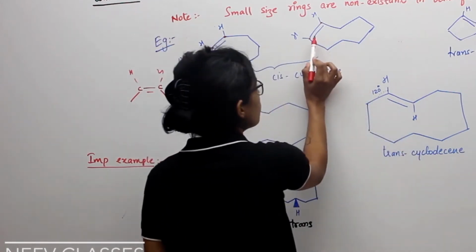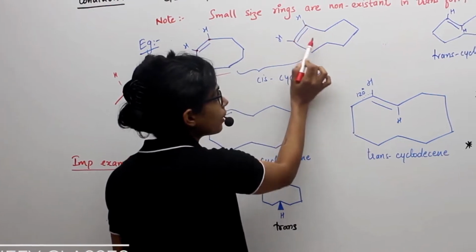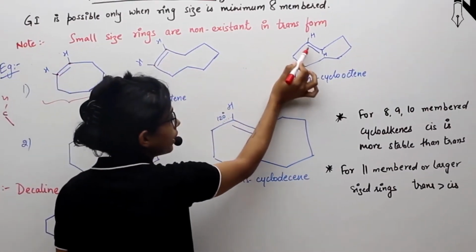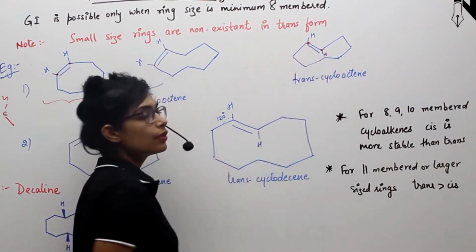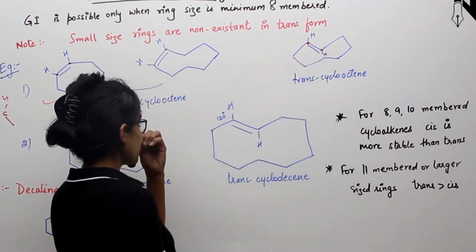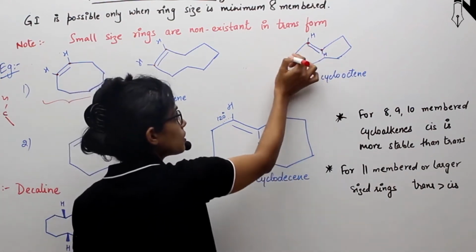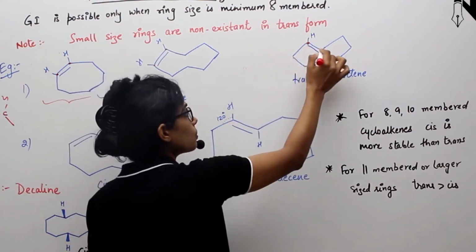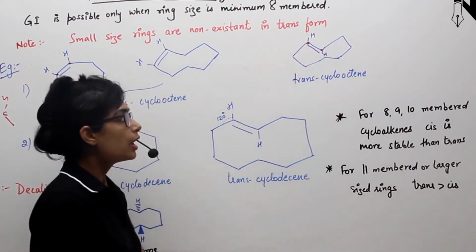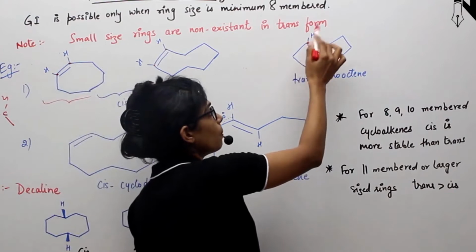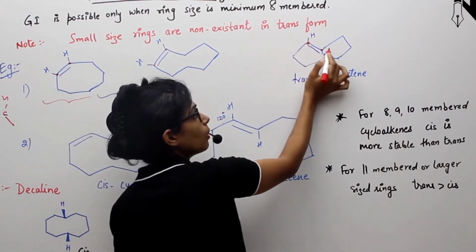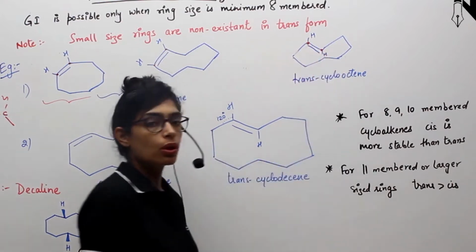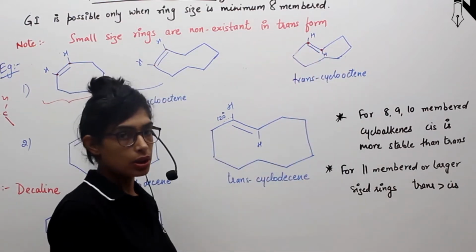So if I shift the double bond here, which I have done over here, this is one carbon in the reference and this is another carbon in the reference. Now look at the R groups: one R group is going down and one R group is going up. Correct? Now hydrogens will be opposite to the R group. If the R group is going down, hydrogen will go up. If the R group is going up, hydrogen will go down. So this is your trans cyclooctene.